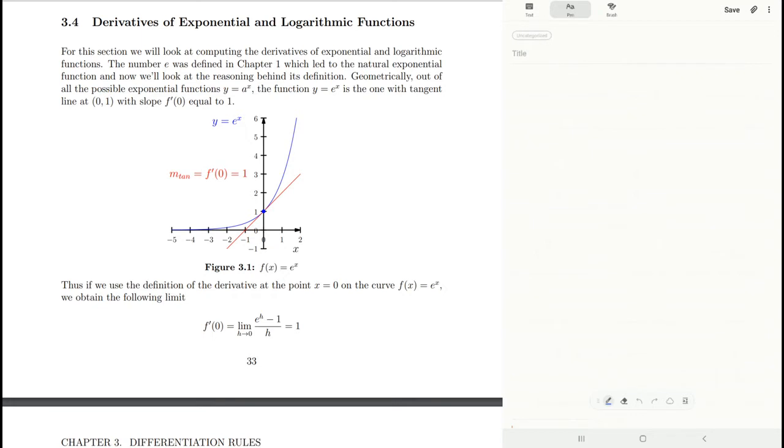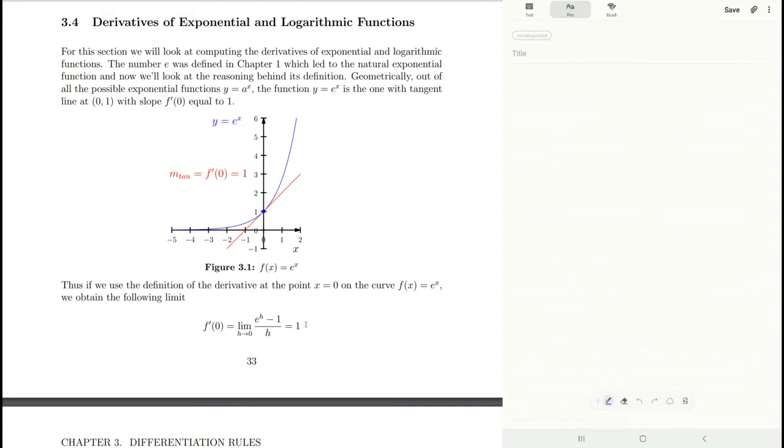And so if we were to look at the definition of the derivative at the point where x equals 0 and the function f of x equals e to the x, then the following limit is given here. So the derivative at 0, which is the limit of (e to the h minus 1) all over h as h approaches 0, is equal to 1.